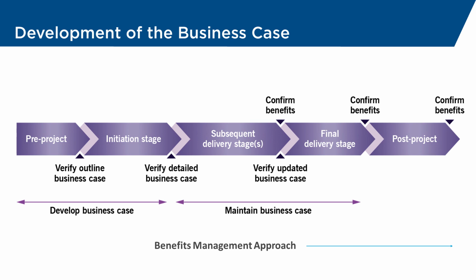At the end of the final delivery stage, we'll see us using the business case to confirm again any benefits that have been realized during that final stage. Post-project, we'll have the benefits management approach, which will help the executive, particularly once the project is over, to go forward and to track the realization of the benefits into the future.